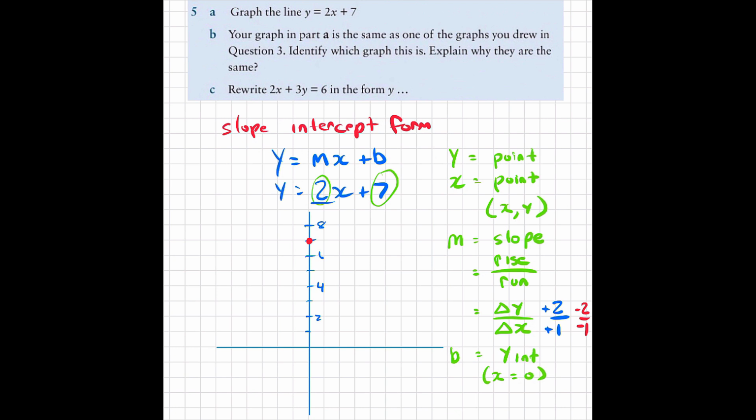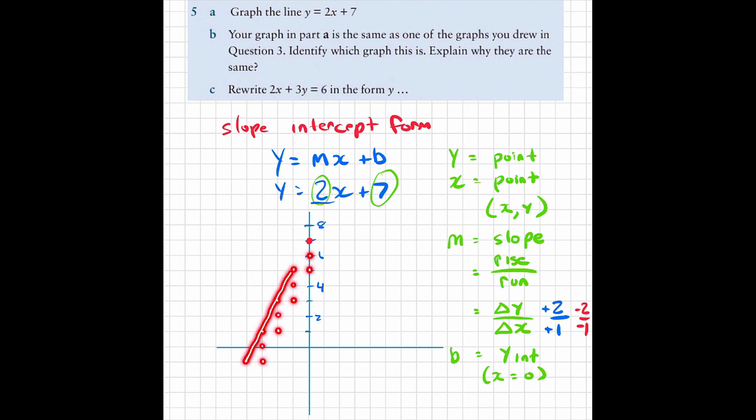So negative 2 means go down 2, and negative 1 means left 1. So basically from the y-intercept, I'm going to come down 1, 2, and then move to the left 1. That's going to be my point. Then down 2, left 1, down 2, left 1, down 2, and left 1.